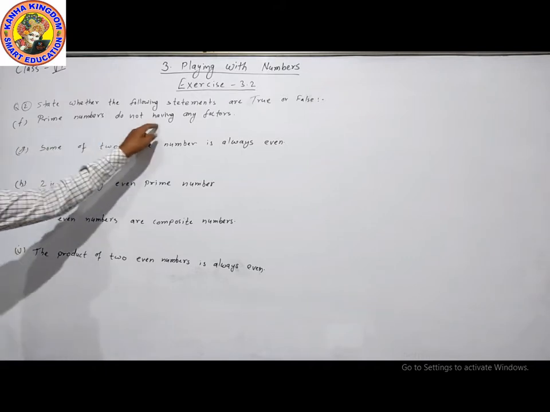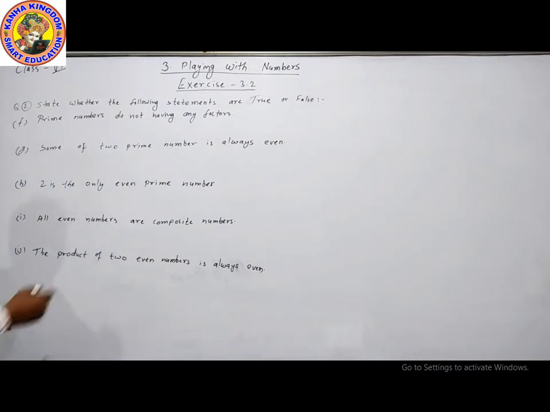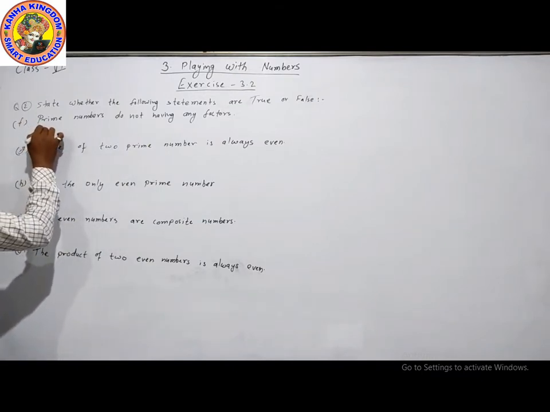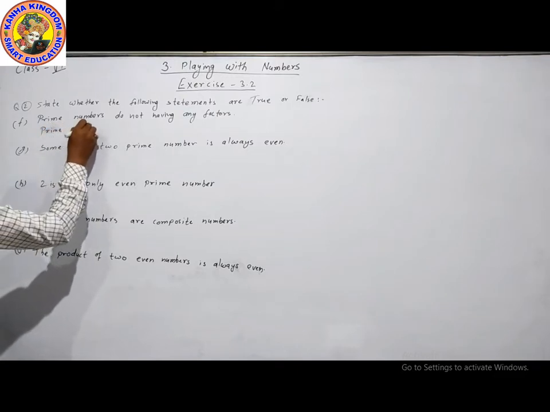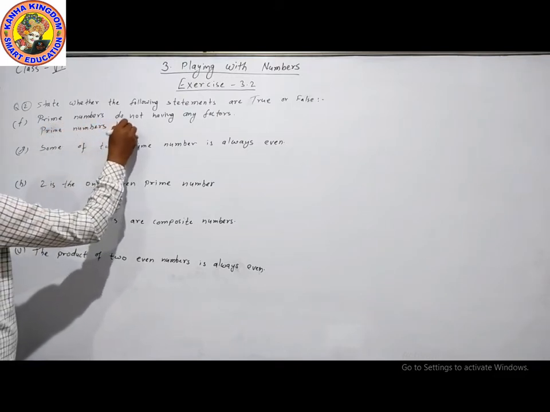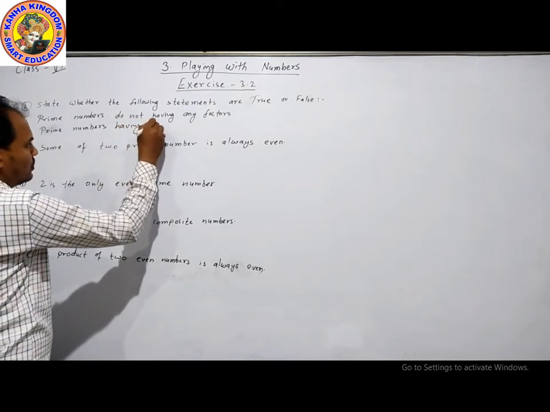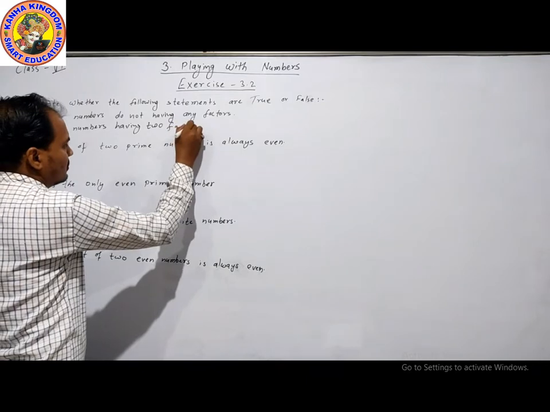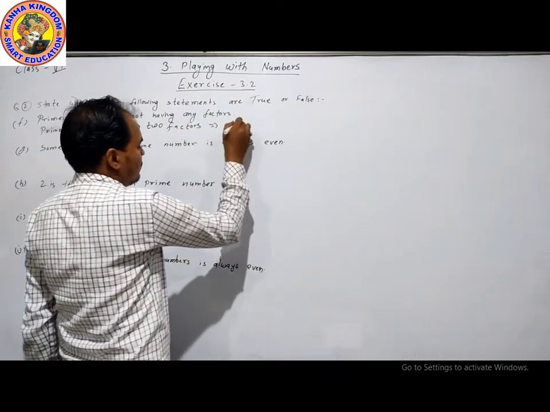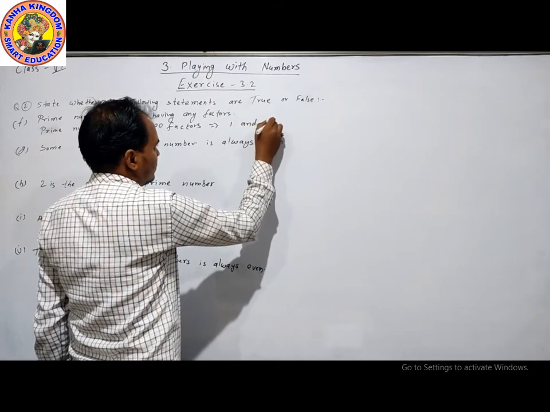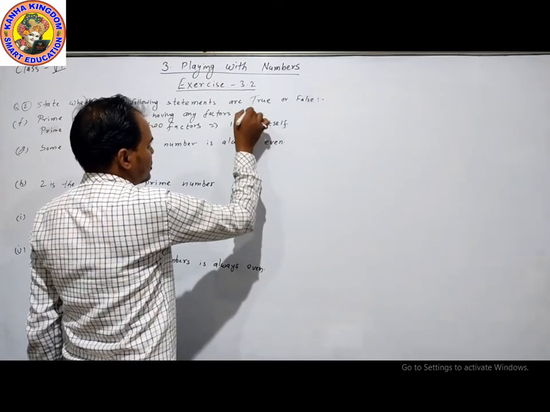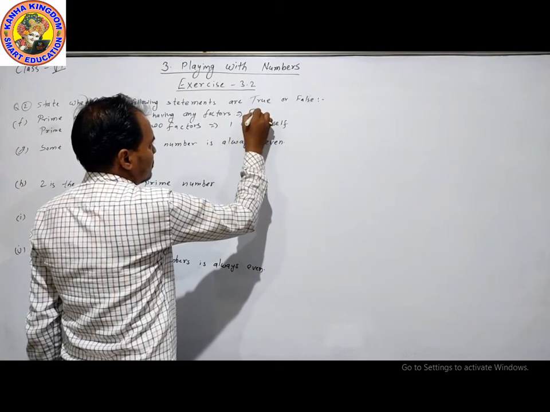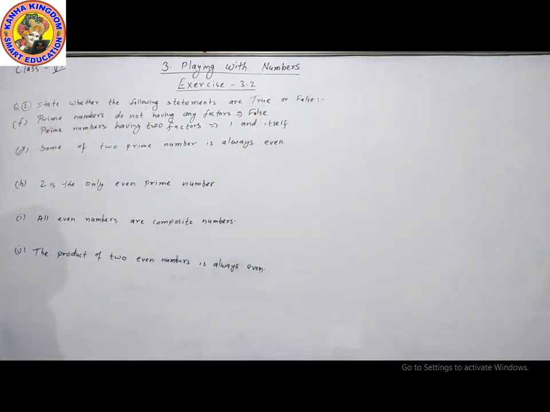Prime numbers have two factors, 1 and itself. So this statement is false. There are two factors, 1 and itself.